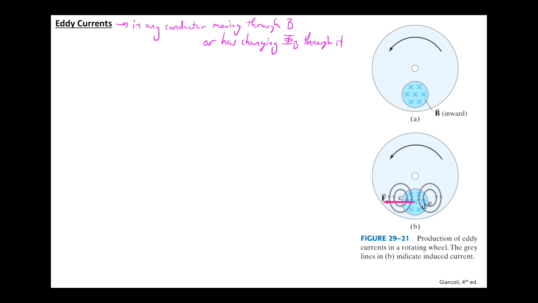We're going to look at one specific case of a conductor moving through a specific magnetic field to give you a feel for how it works, but keep in mind it could happen in any conductor moving through a magnetic field.